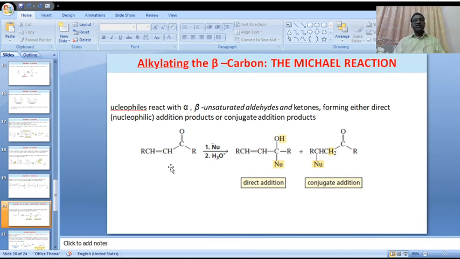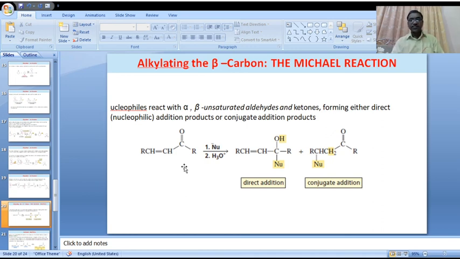Generally nucleophiles react with the alpha beta unsaturated aldehyde or ketone, forming either a direct addition product or a conjugate addition product.